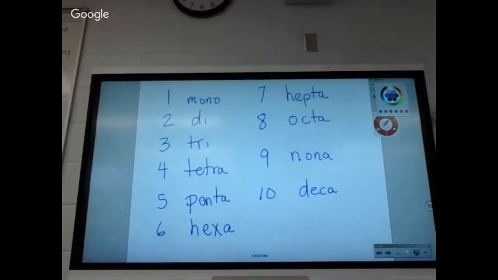These are not new things you have never seen before. Tetra is one that a lot of people struggle with. They want to say quattro or something along those lines. Sometimes nona and deca they might not know, but you have drawn hexagons, octagons. Mono, di, and tri most people do not struggle with. So most of what's up there is not hard for most people.